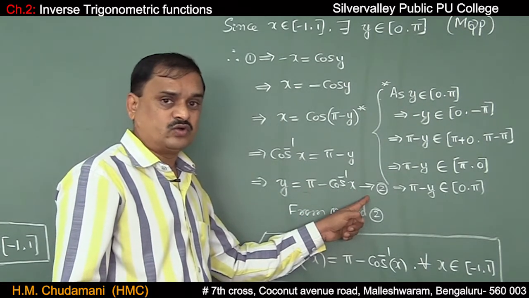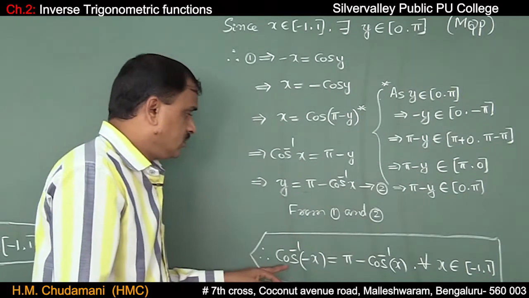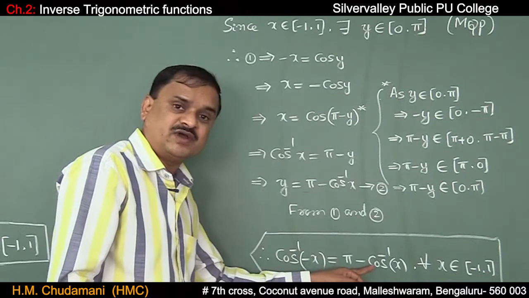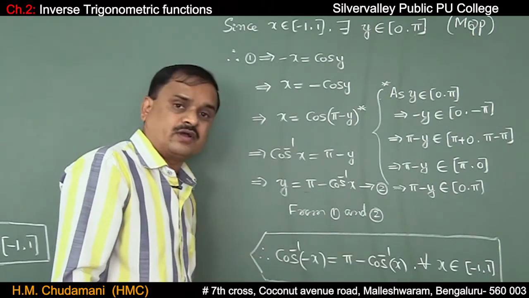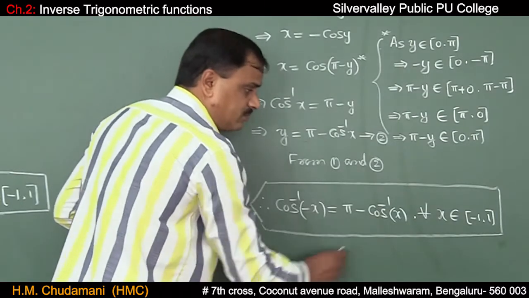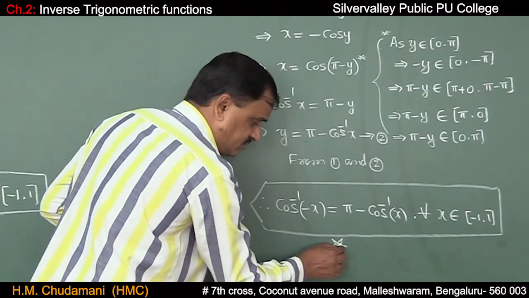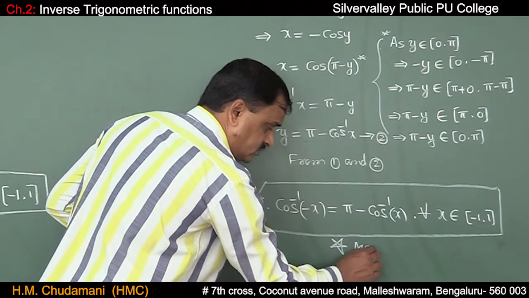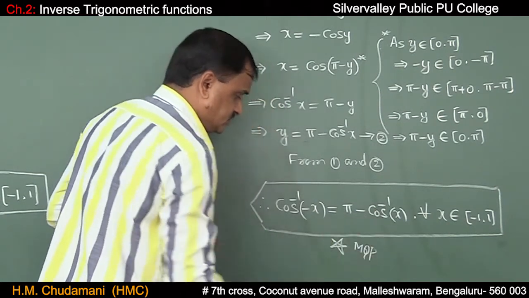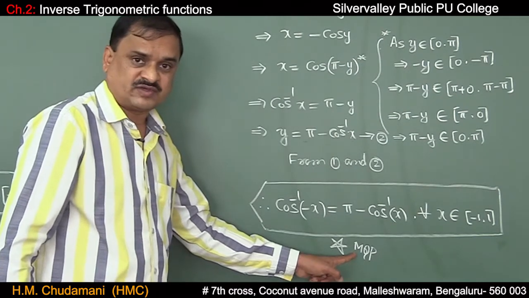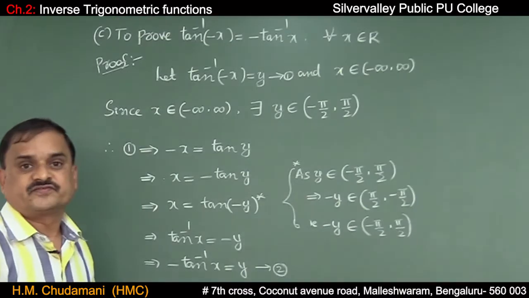From 1 and 2, cos inverse of minus x is equal to pi minus cos inverse x for all x belongs to the closed interval minus 1 comma plus 1. So this is an important result under the 2 mark section. They'll ask this, it is there in the model question paper also.